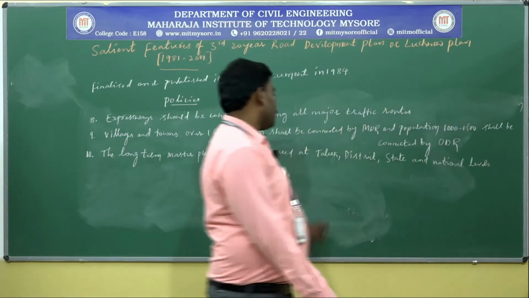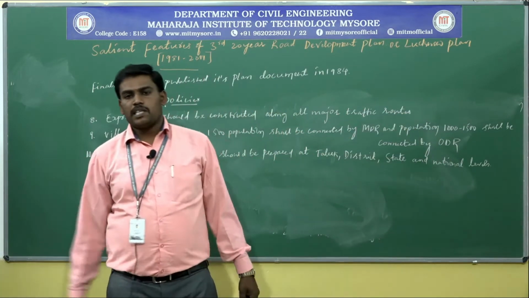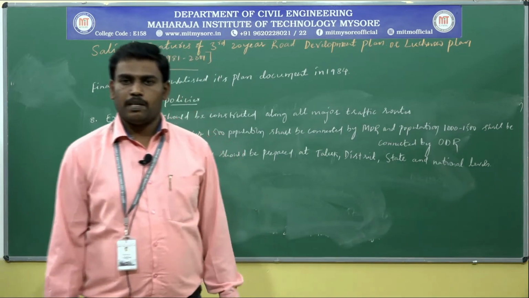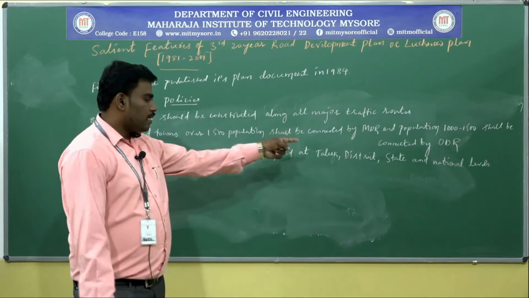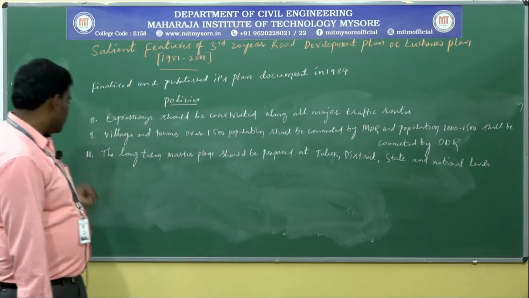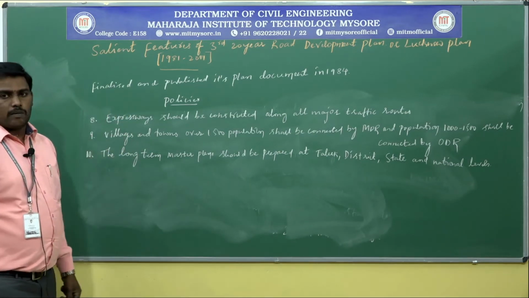Out of these taluk level, district level, state level and national levels, the best one is finalized based on the best service to the population. This is the 10th policy of the third 20-year road development plan.